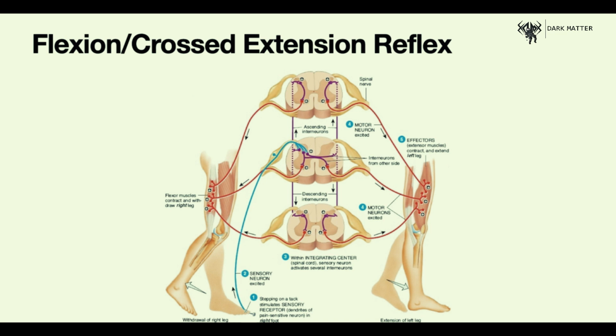That's the priority. At the same time, motor neurons on the opposite side, or the contralateral side, are activated so that they can stimulate extensor muscles on the front of the left leg to contract, and therefore the left leg becomes stiff and straight in order to support the weight of the body, since the right leg is no longer on the floor.